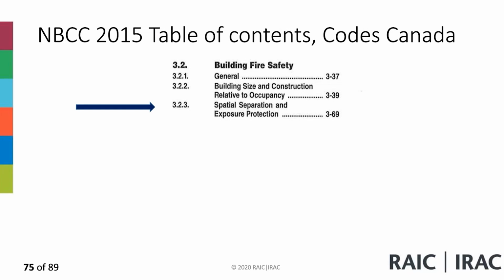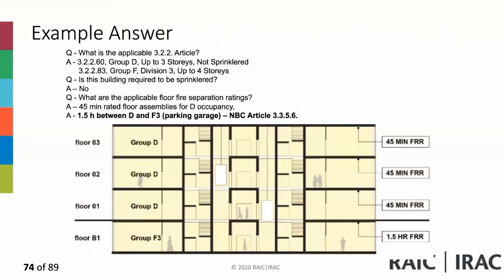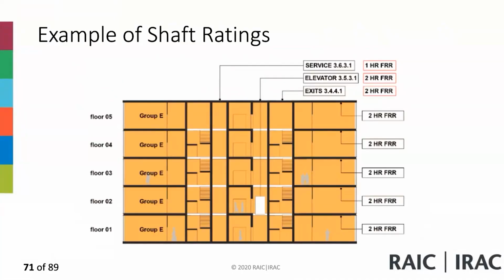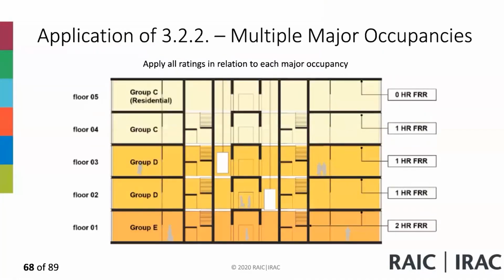3.2.2 article that applies, the most conservative construction requirements for either one of the occupancies, and apply the stricter one. But what if we decide to put them on separate floors? What happens then? So this is what we did before. We have separate occupancies that are superimposed on top of each other.